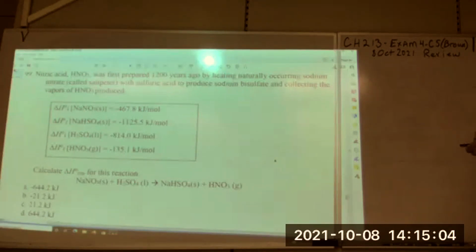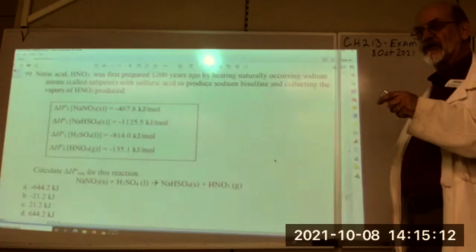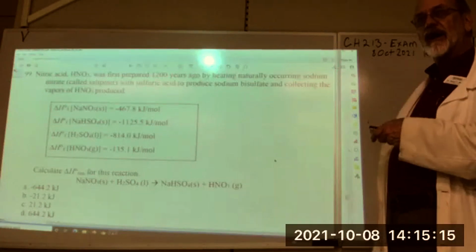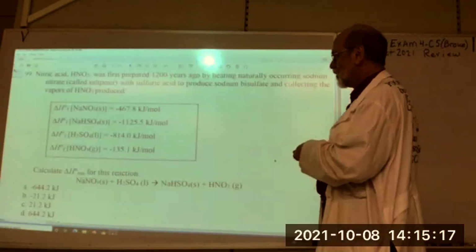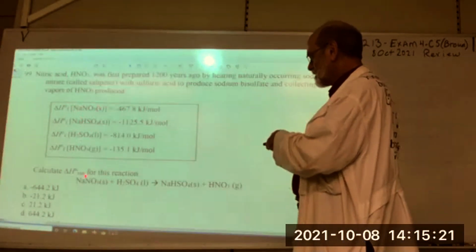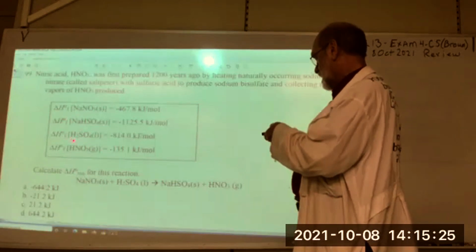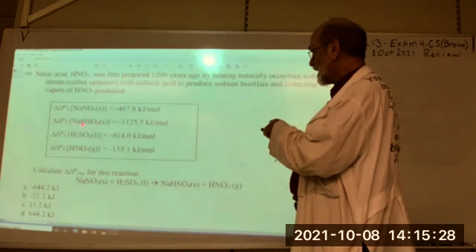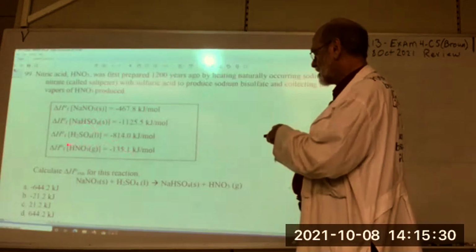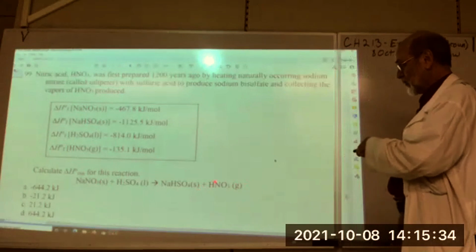Okay, calculate the delta H for the reaction here. This is a case where you can take the heats of formation and solve the problem. We have the heats of formation for each of these: sodium nitrate, sulfuric acid, the sodium bisulfate, and the nitric acid, which is in this gaseous form.